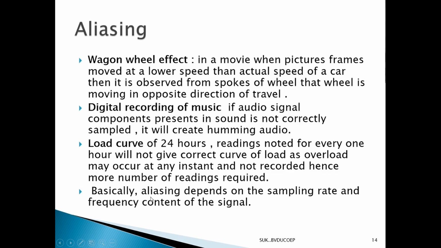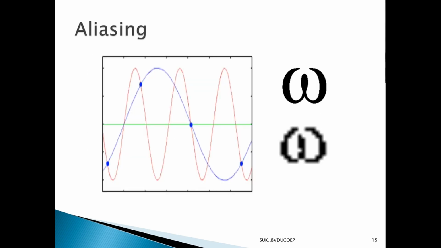So you can understand aliasing depends on the sampling rate and the frequency content of the signal. Very important. The sampling theorem is very important for understanding digital control systems. The aliasing effect is shown again here. This is the signal which has to be captured, and this is the sampling signal.